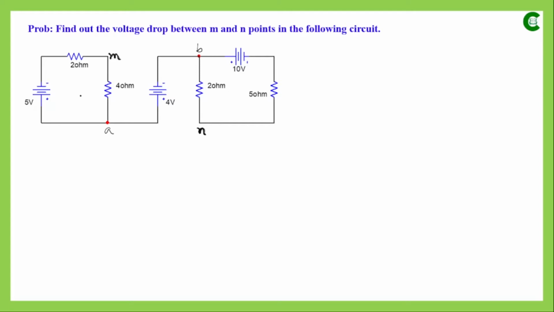In the previous problem we took the direction as clockwise. In this problem let's take the direction as anti-clockwise, and let's assume the value of that current is I1. And in this other loop the direction has to be the same as the first one, anti-clockwise, and let's assume that current value is I2.